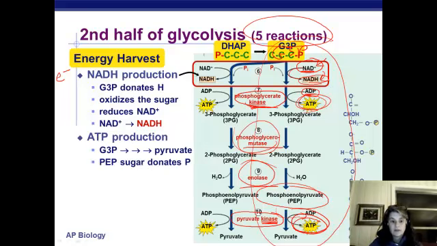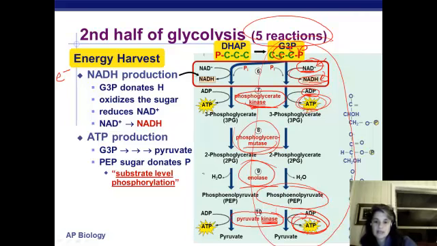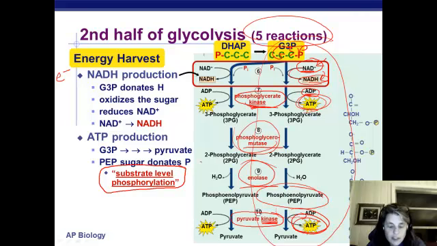By turning G3P into pyruvate, we have taken phosphates and stuck them onto ADP molecules. Okay? Now, I want you to know this phrase, substrate level phosphorylation.